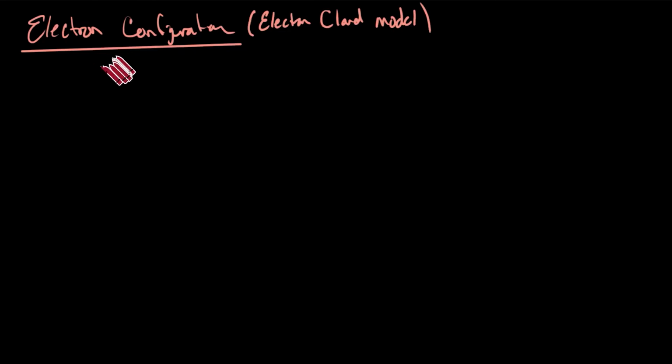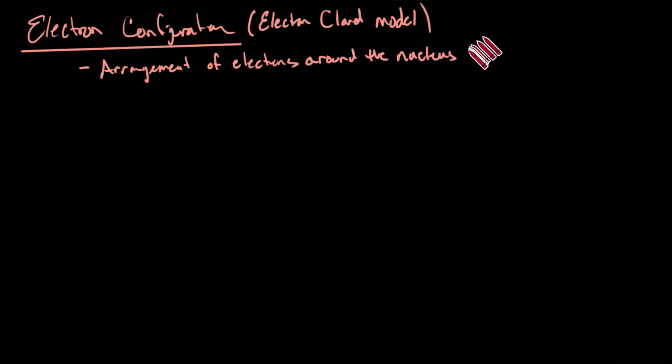Electron configuration is the arrangement of electrons around the nucleus of the atom. So previously, with Rutherford's model, we knew there was a nucleus.